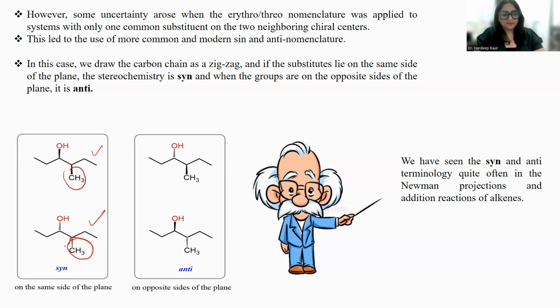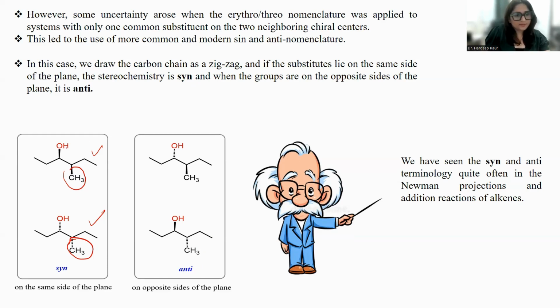They are the same. And here, why is it anti? Because they are on the opposite side. Syn and anti terminology is often used in Newman projections and addition reactions of alkenes. If you draw the carbon chain zigzag and the substituents lie on the same side of the plane, then it is syn. When groups are on the opposite side, they are in anti position.